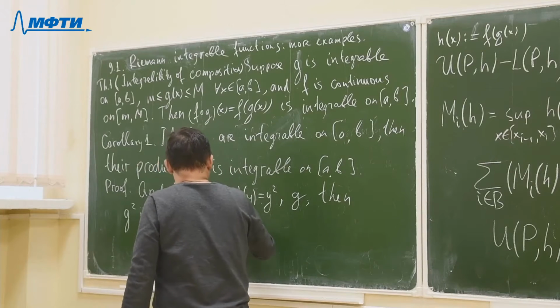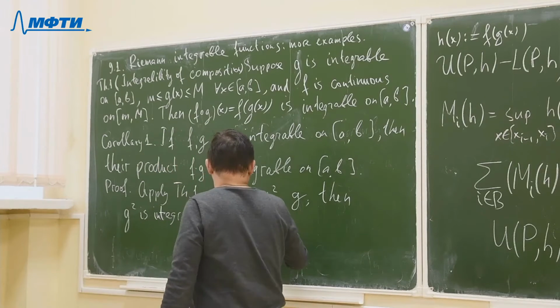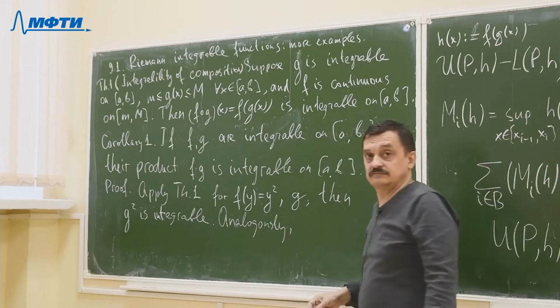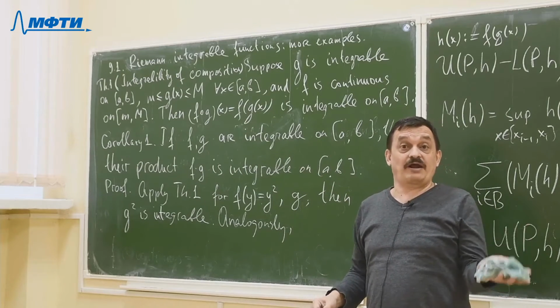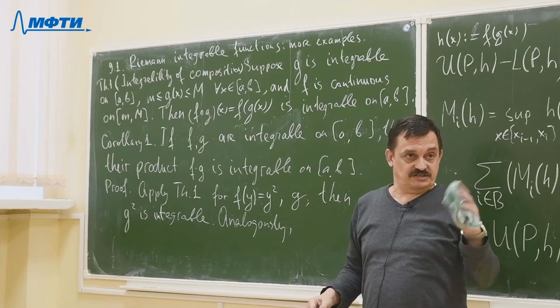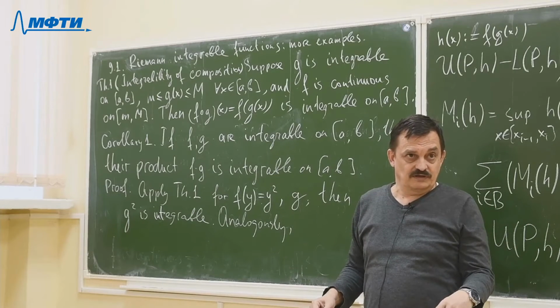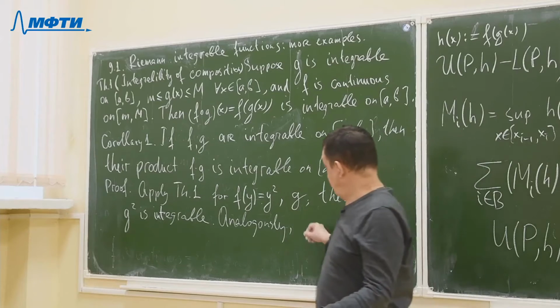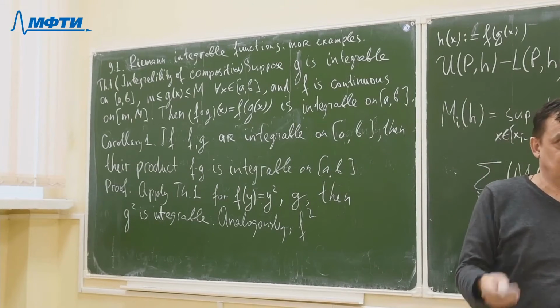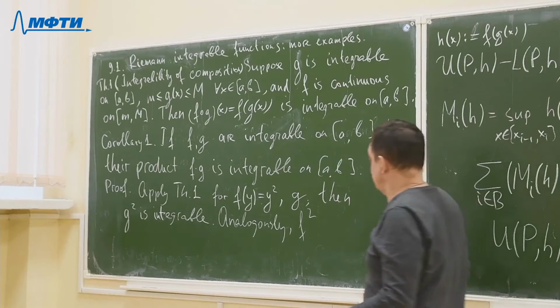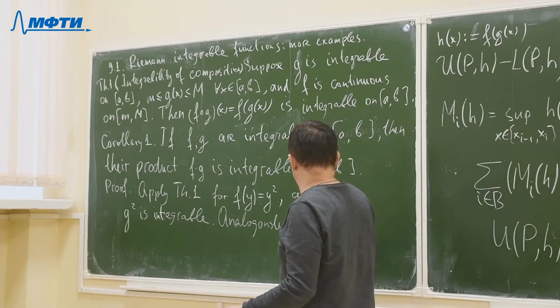Analogously, we know that the square of an integrable function is integrable. Now it means that also f squared is integrable, right? f is integrable, hence the square is integrable.